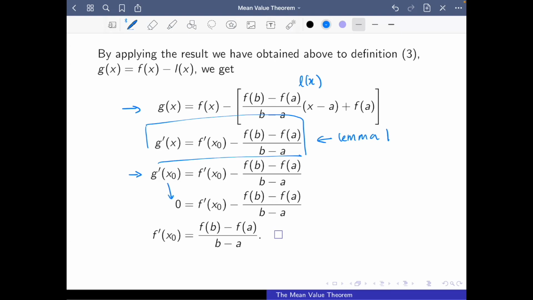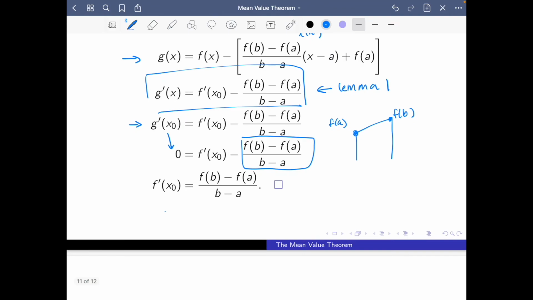The left hand side is equal to 0, as stated just now, since we applied Rolle's theorem already. But on the right hand side, we have f prime of x0 and the gradient between point A and point B, which is this gradient from f(a) and f(b). Then we rearrange the equation and we get the last line.